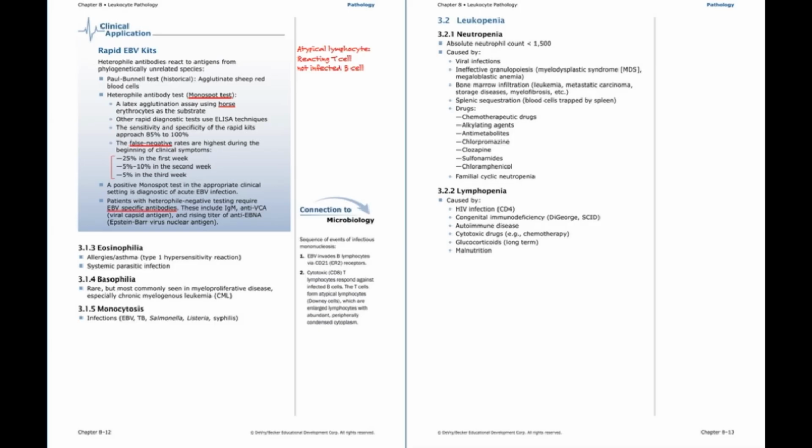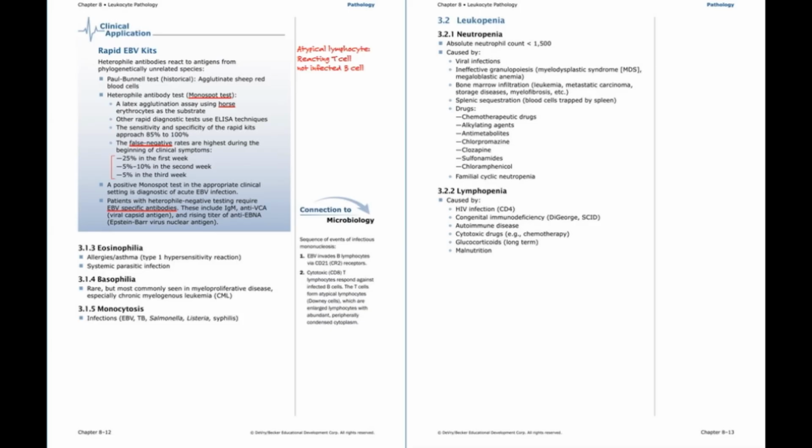So look at the initials, because they're exactly what you'd think. We typically test viruses by looking for their capsid antigens or their nuclear antigens, and this is a good example of that. We have IgM, remember we're looking for acute infection, antiviral capsid antigen, VCA, and a rising titer of viral nuclear antigens, Epstein-Barr virus nuclear antigens, EBNA.